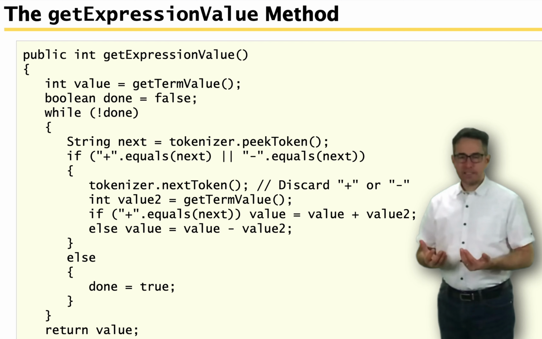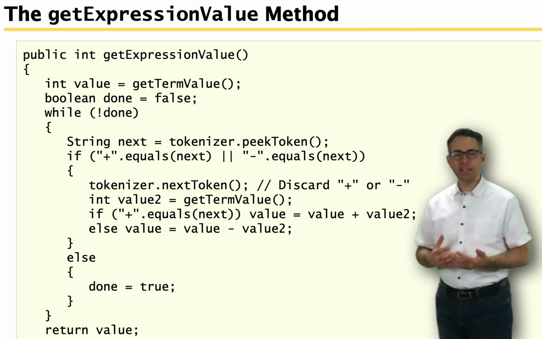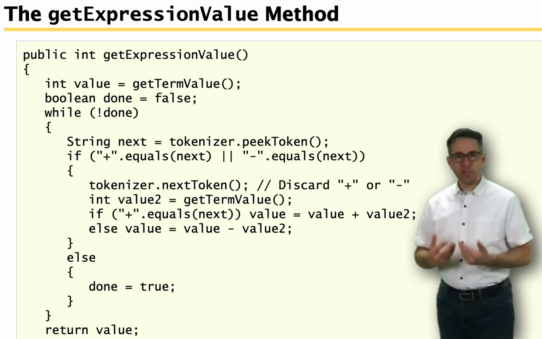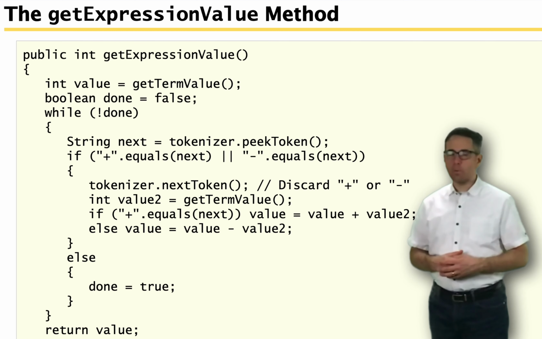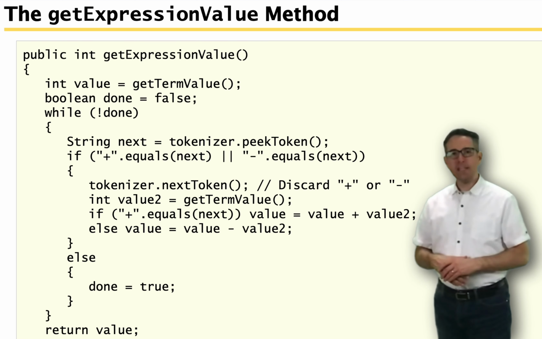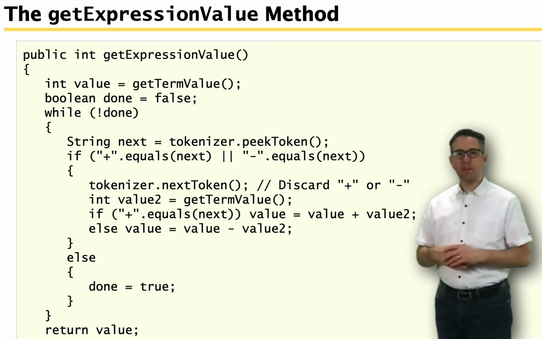So first thing I want you to see is that when we call our expression value, we recognize that our expression value is either a term, or it's a term plus or minus another term. So the first thing that we do is we make our recursive call. We say, well, we know we have to have at least one term for this thing to be an expression. So let me get the term value of the strings that are present in my tokenizer.